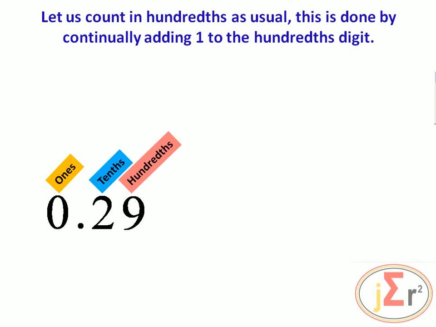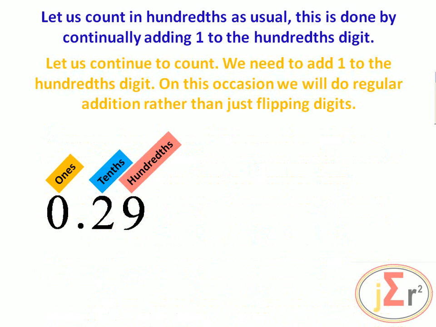If we are going up by hundredths, that means we need to add 1 to the hundredth digit. Let us continue to count. We need to add 1 to the hundredth digit. If we are continually counting by hundredths, we need to continue our counting by adding 1 to the hundredth digit.